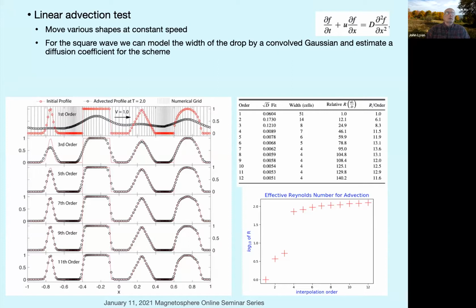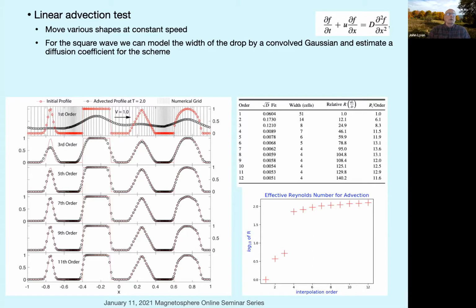One nice thing about this is that the square wave, which is second from the left, looks very close to being convolved with a Gaussian. So you can use that model equation up there in the upper right, which gives you an effective diffusion coefficient for your scheme.